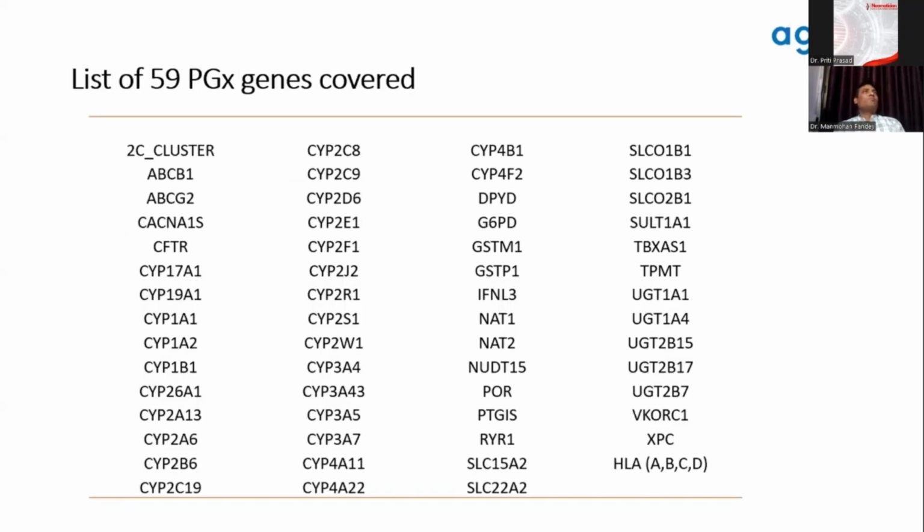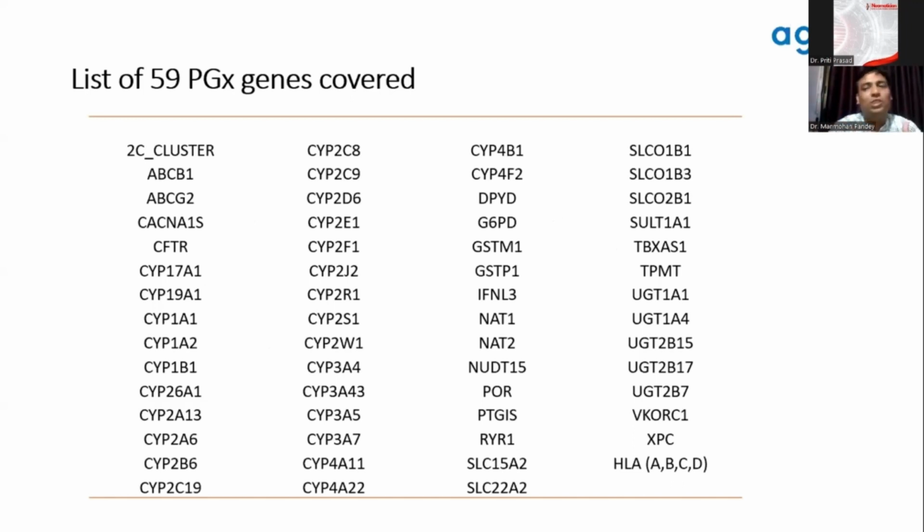Now these are the genes which are covered. We have a list of genes, so you can see lots of CYP genes are covered. These are metabolizing genes, and these carry around 30 different variants that can act on different medicines. So this is the comprehensive list.